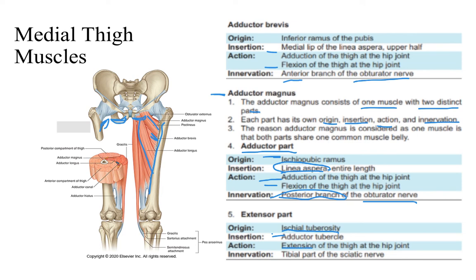So it's going to either bring our leg back down to anatomical position, standing straight up, or it's going to help hyperextend our thigh. All right, and its innervation is going to be the tibial part of the sciatic nerve. So notice that sciatic nerve served all of the posterior compartment muscles, and so it's also going to serve this extensor part of the adductor magnus.